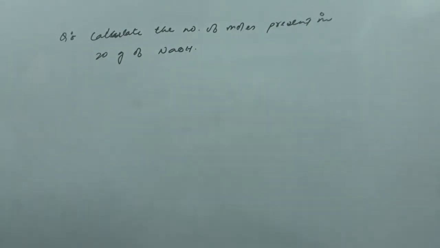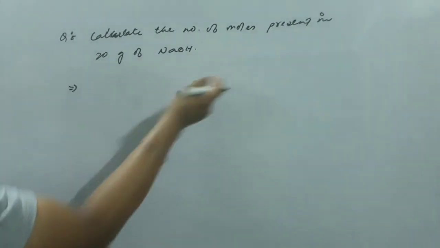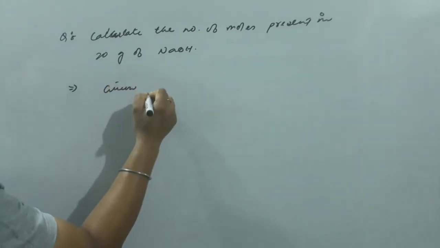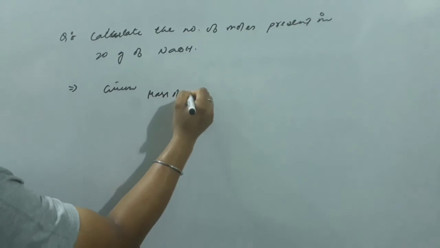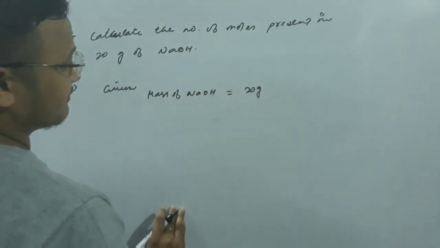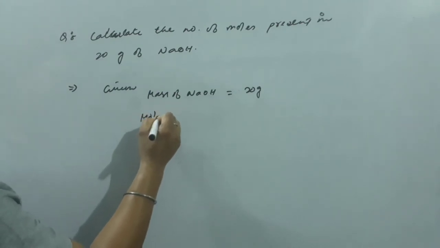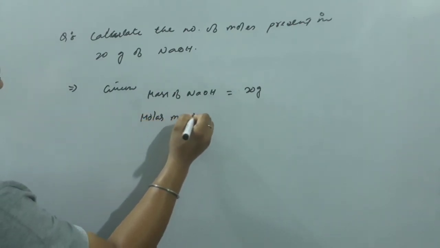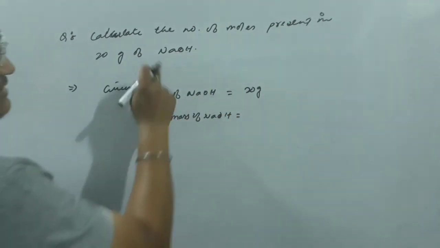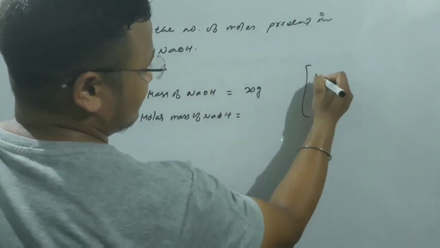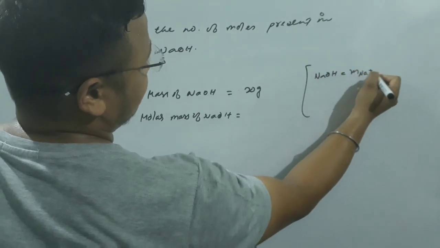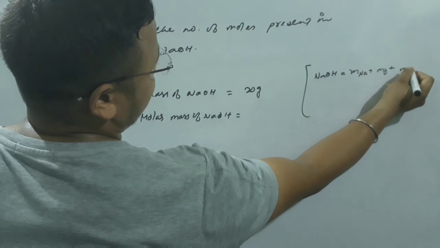Given mass of sodium hydroxide equals 20 gram. And we need the molar mass of sodium hydroxide. It is a molecule, so it will be mass of sodium plus mass of oxygen plus mass of hydrogen.